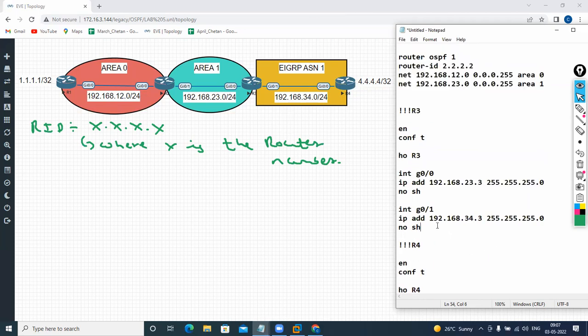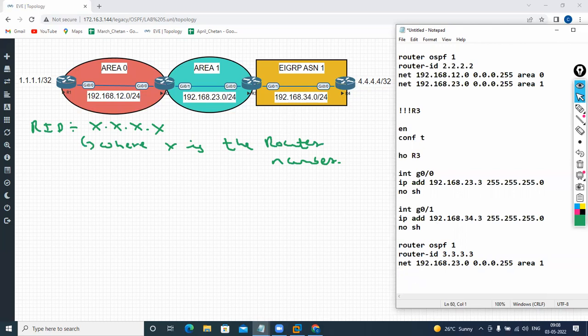So on R3, router OSPF 1, 3.3.3.3, and we have 192.168.23.0, area 1. Then what about 34.0?